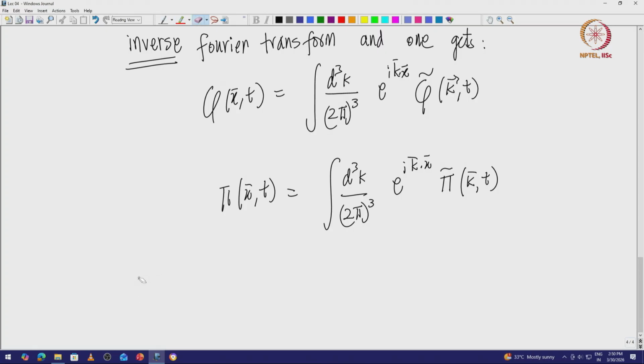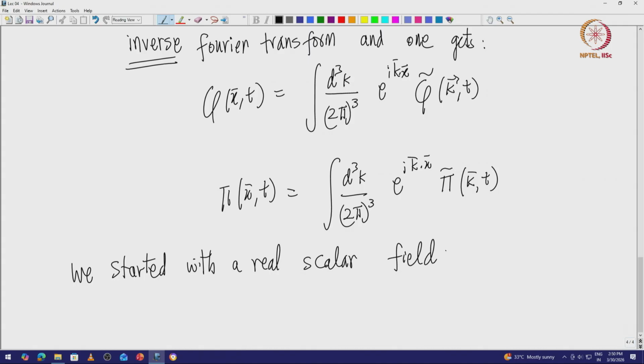Now what happens is we started with a real scalar field. So that means phi of x, t does not have any imaginary components, it is a real scalar field.